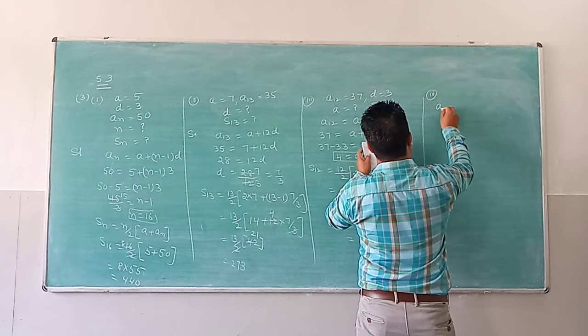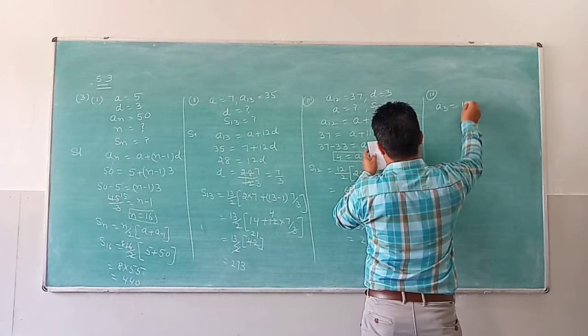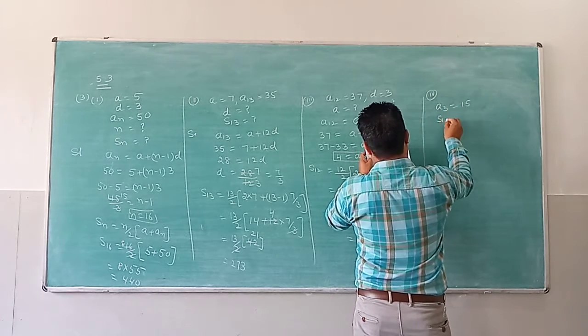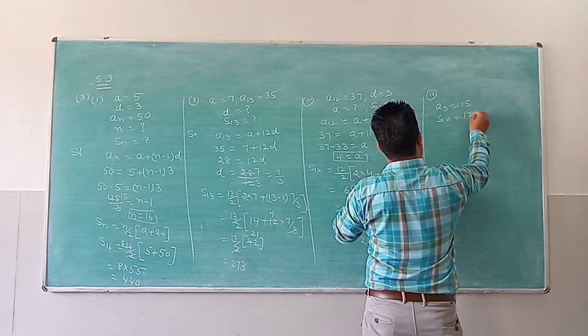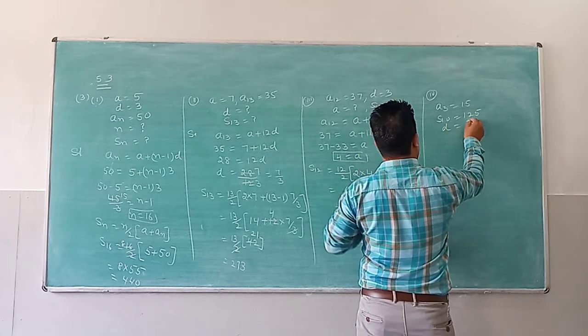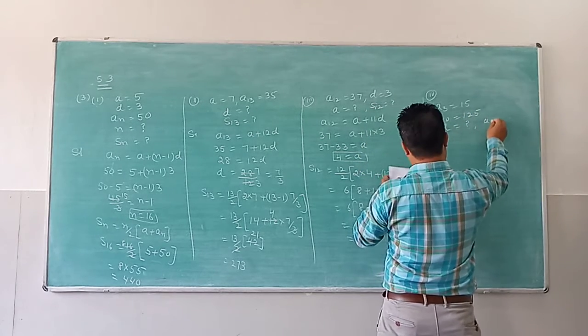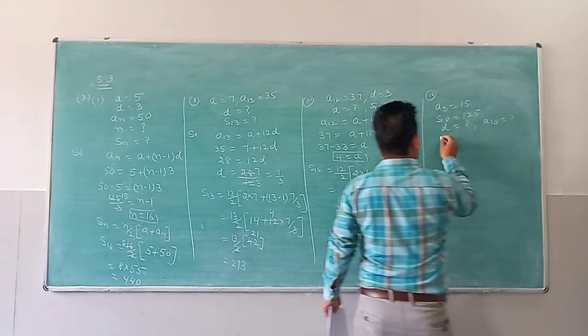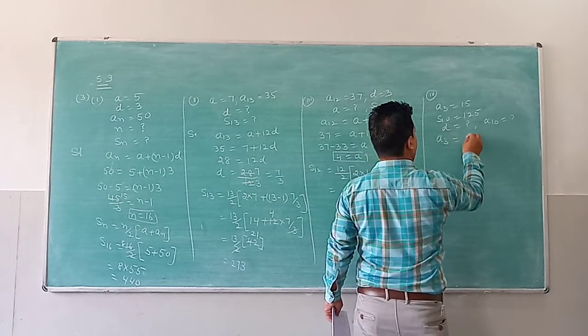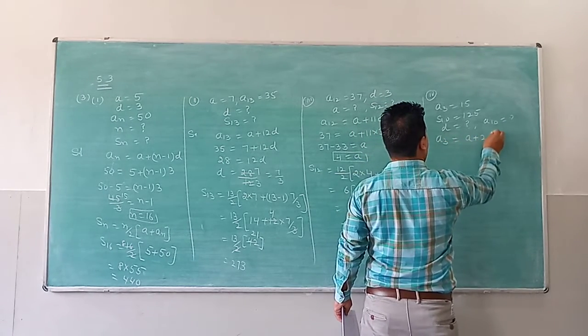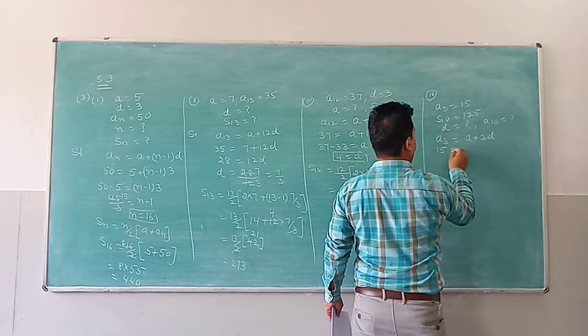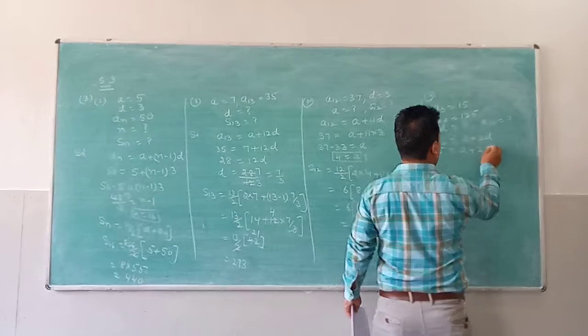In the fourth question, a3 is 15, S10 is 125. We are required to find d and a10. So a3 is a plus 2d. A3 is 15, a plus 2d.